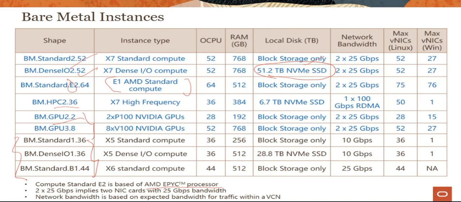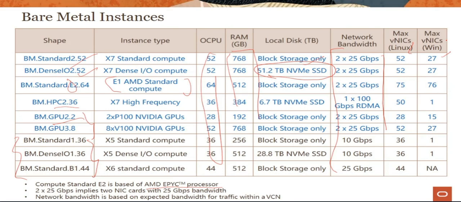Also note here, we have various OCPUs listed, and we have memory and the network bandwidth. You can see some of these instances have bandwidth going up to 50 Gbps, the virtual NICs you can use, etc. One question which comes up all the time is, what is an OCPU?